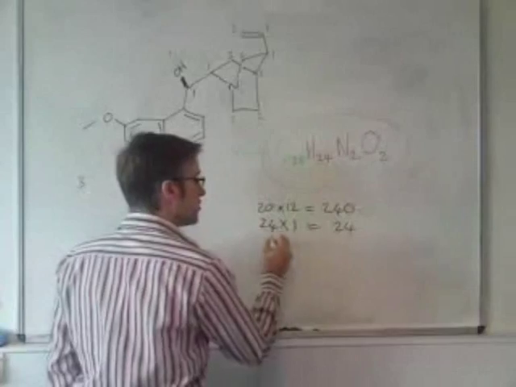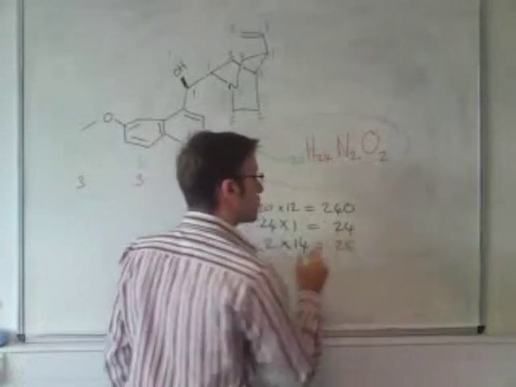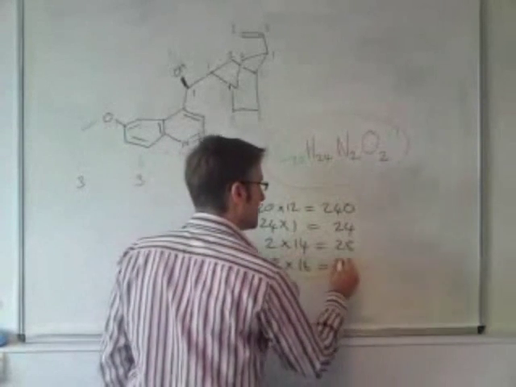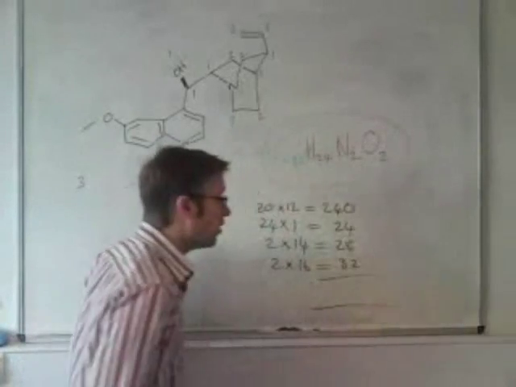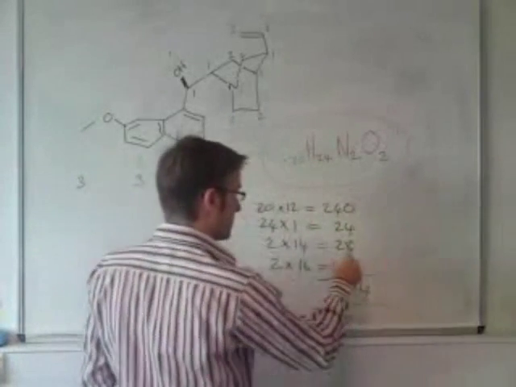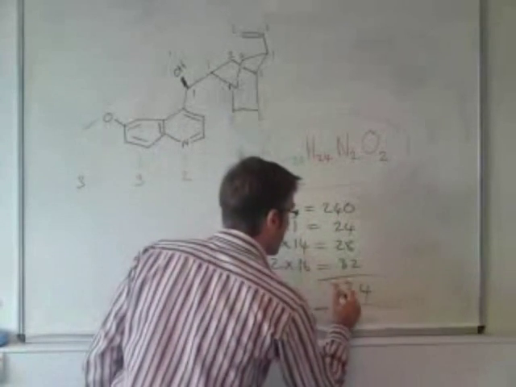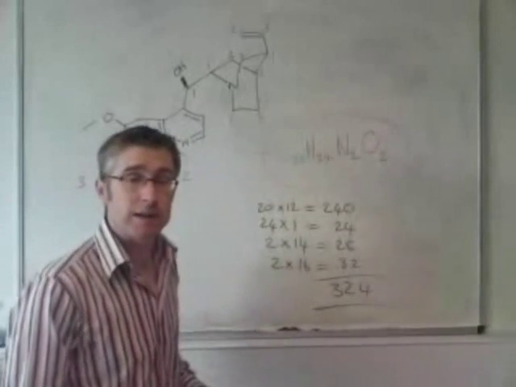There are 2 nitrogens, each of which has a mass of 14. That gives us 28. And there are 2 oxygens, each with a mass of 16. That gives us 32. And therefore, the overall mass is 324. 324 is the RMM of quinine.